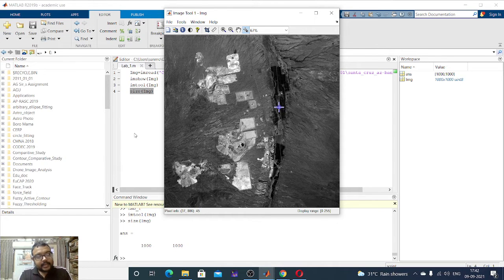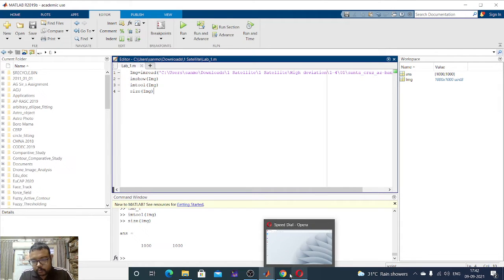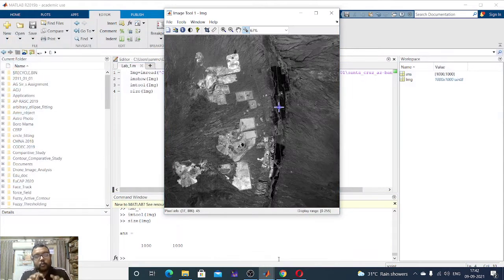Okay, now one thing is, what have you all noticed in this image, particularly in the axis properties? What axis properties have you noticed while displaying the image? Can anybody tell me?